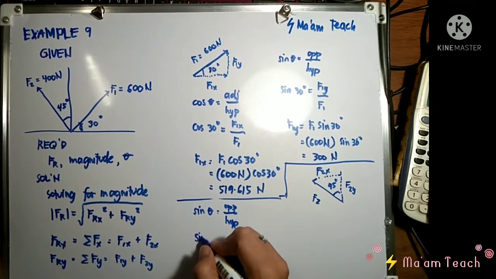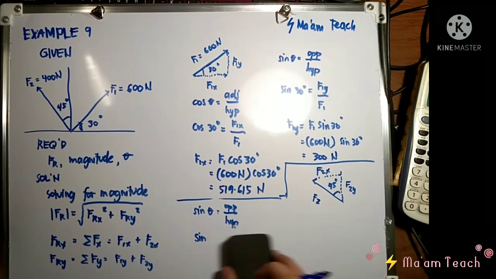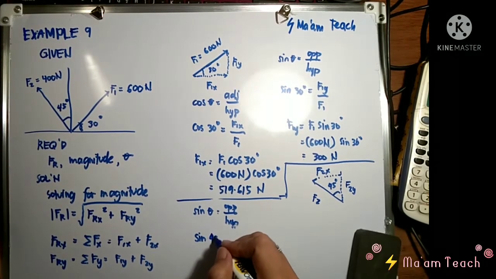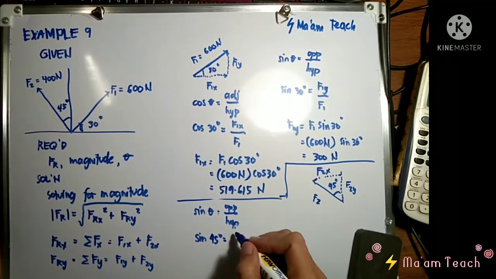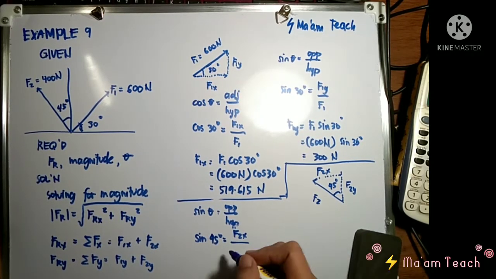Therefore, sine 45 is the opposite, your F2x or x component, divided by the hypotenuse, which is F sub 2.